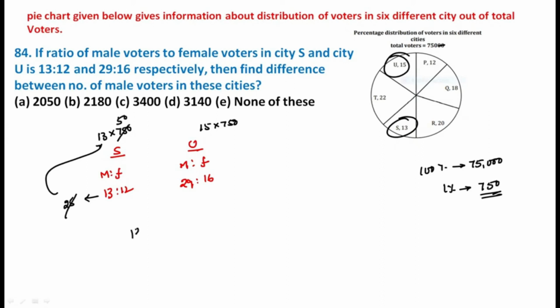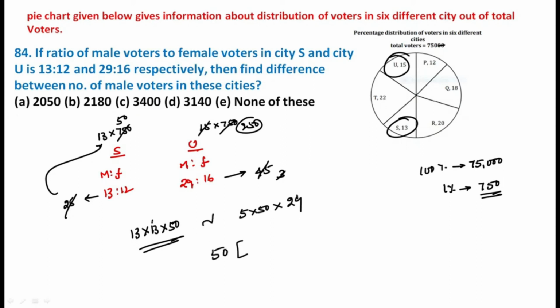Now the number of male persons is 13 into 13 into 15. The same way, find the number of males and the difference between the male voters. So 29 plus 16 is equal to 45. Now you just compare here. We need a difference, so 50 is the common factor.